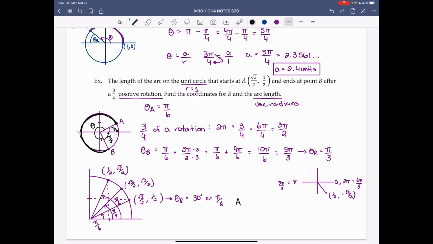We're doing the arc length now. Start with 2 pi and subtract pi over 6 and subtract pi over 3.